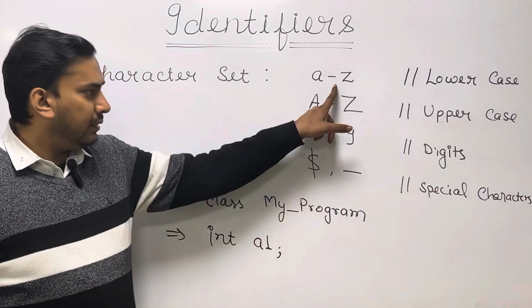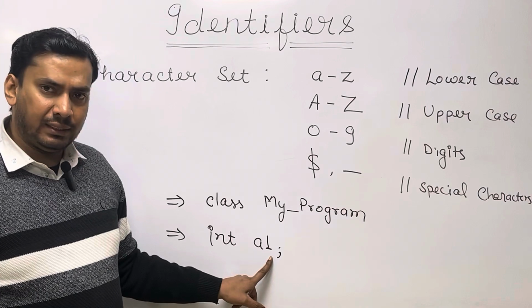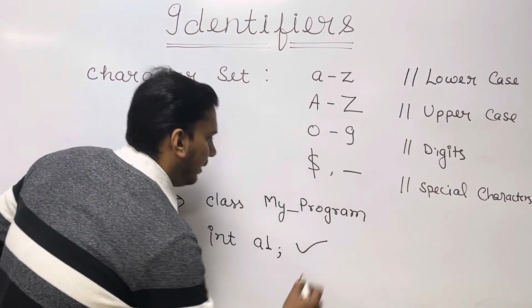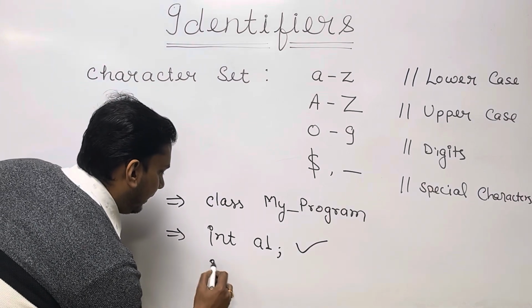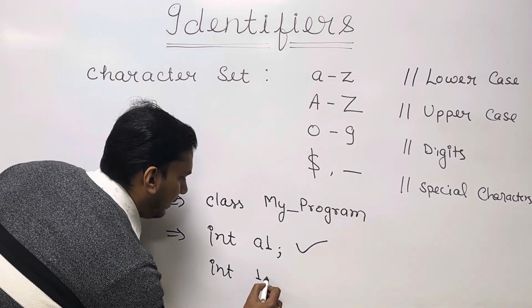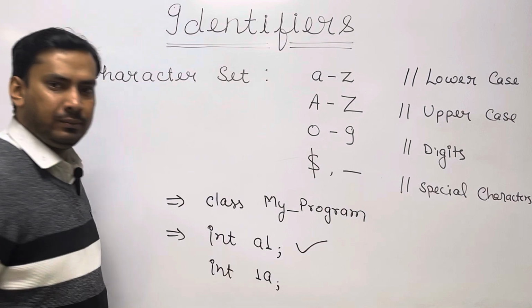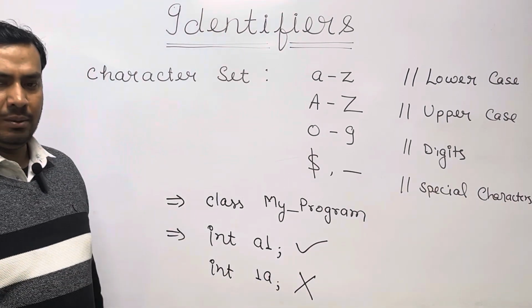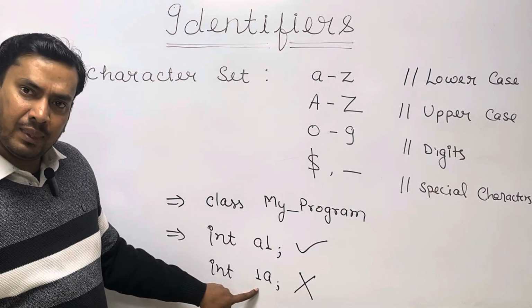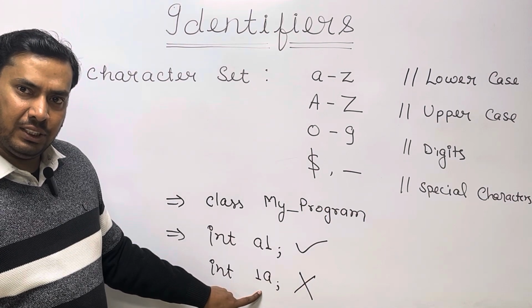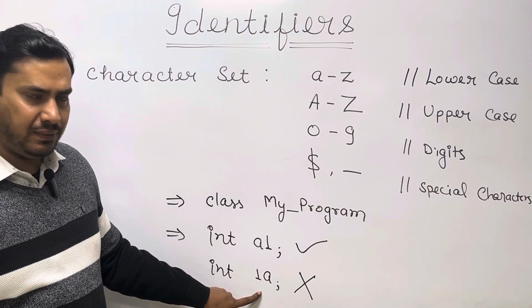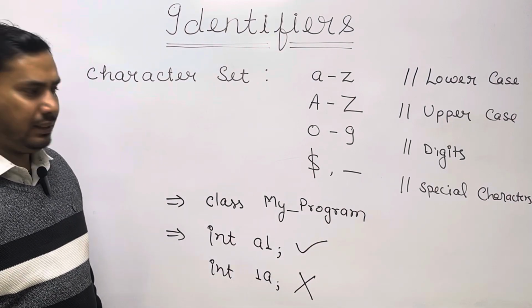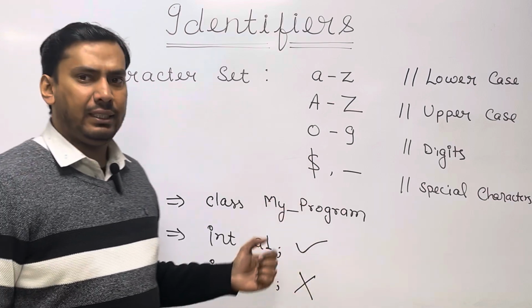A is a lowercase character, 1 is a digit. This is correct. Int a1 is okay. But if I create int 1a, this is not allowed because it is starting with a digit, and any identifier must not begin with a digit. So, this is the rule for creating identifiers.